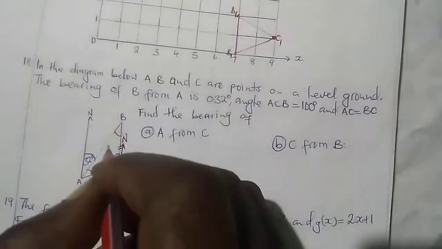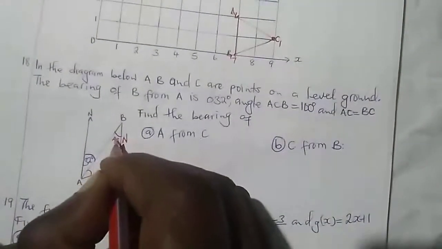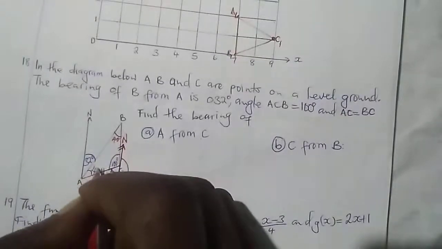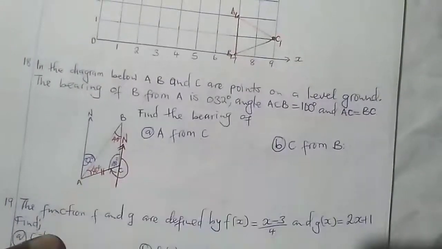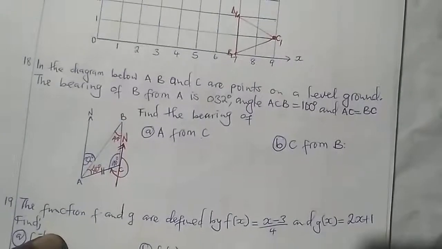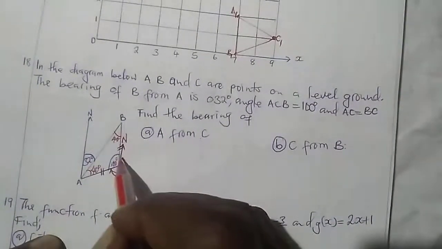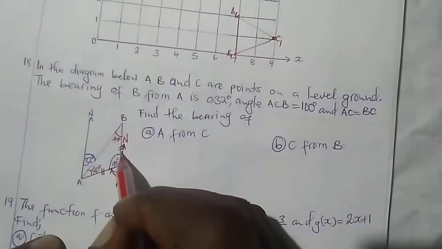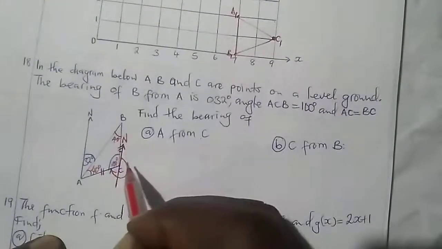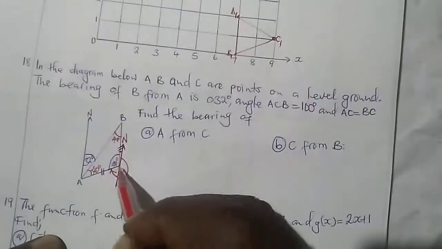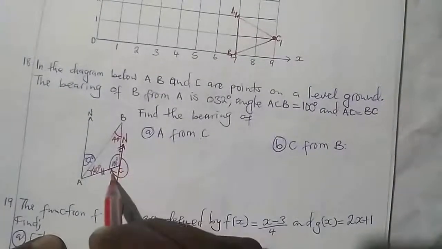So this angle is equal to 40 degrees and this angle is equal to 40 degrees. When we look at the angle we want to find, we have this small angle here, which we also need to add so that we find the actual angle.